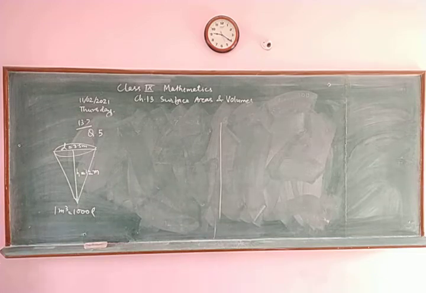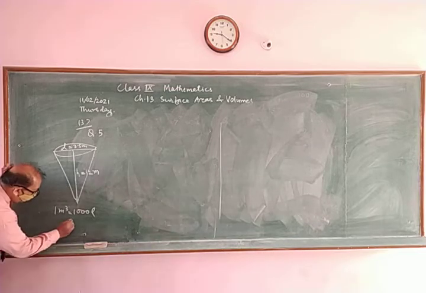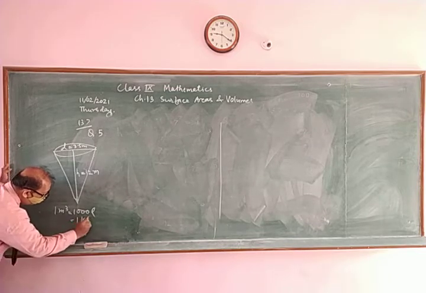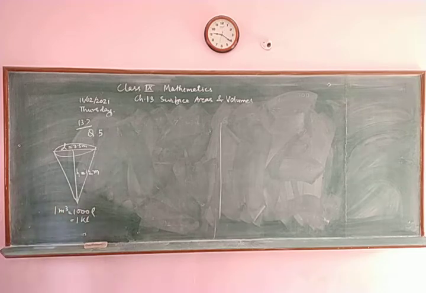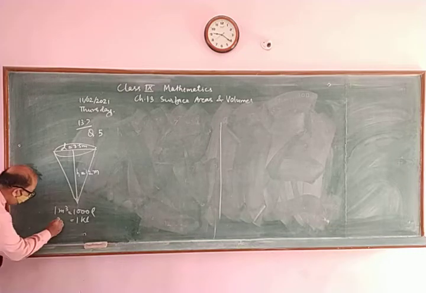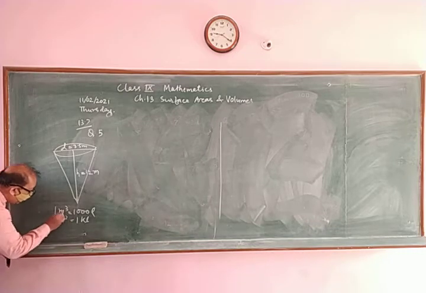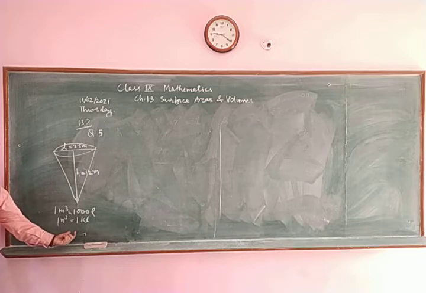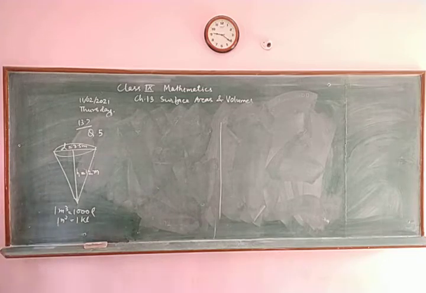So 1000 liter means 1 kiloliter. It means whatever meter cube we get, it is equal to kiloliter. Suppose the volume is 15 cubic meter, so its capacity is 15 kiloliter.